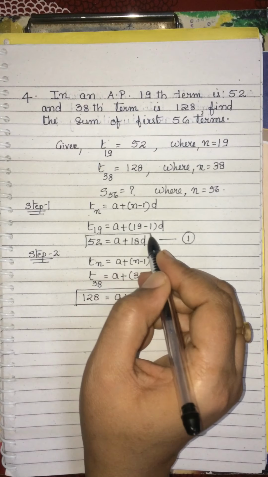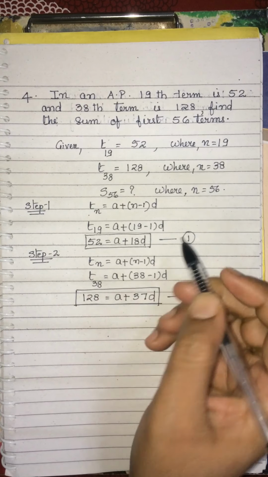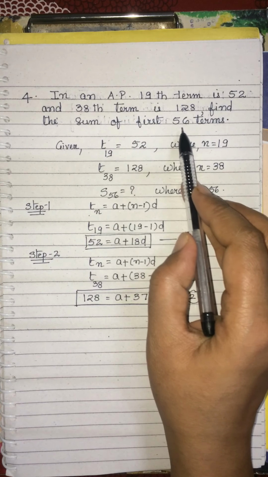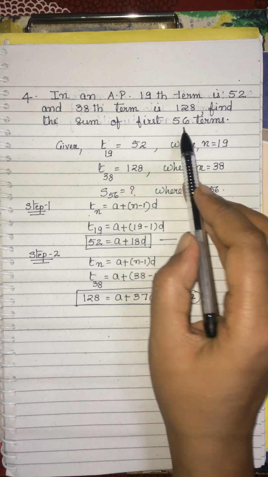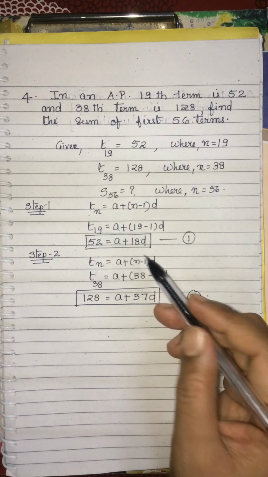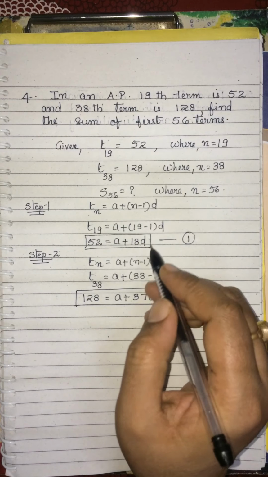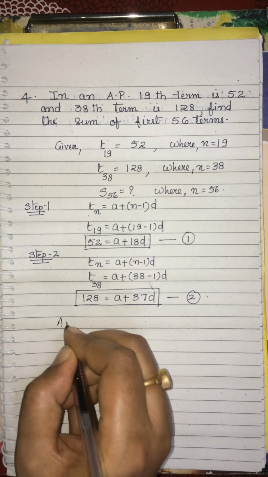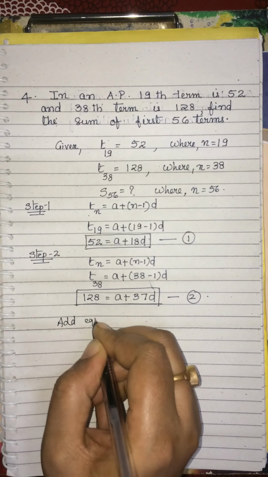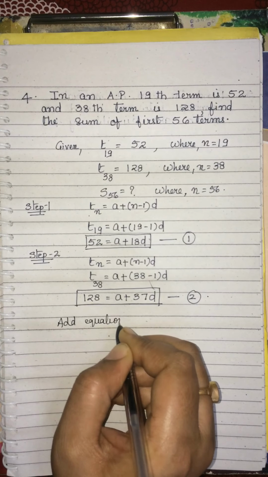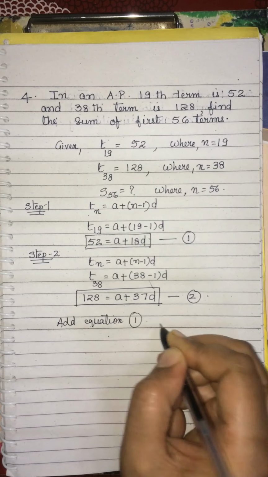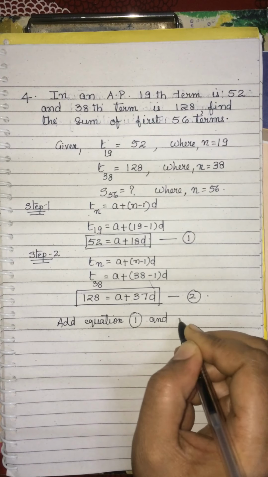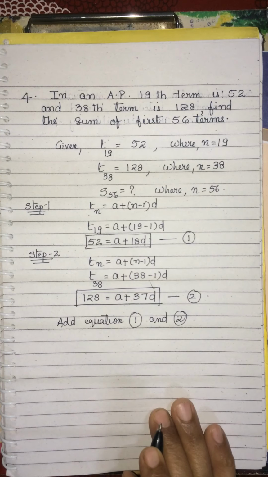What can we do with these two, let us see. Now when they say 56, children, if you are adding these two equations, let us see what we get. So add equations 1 and 2.